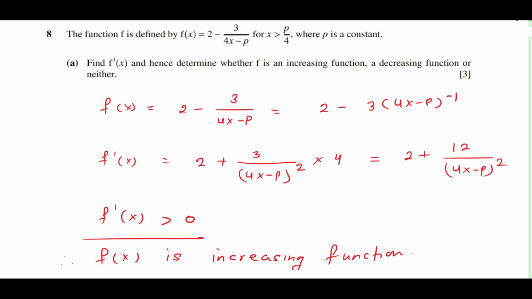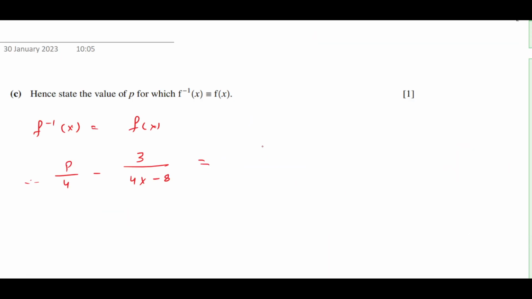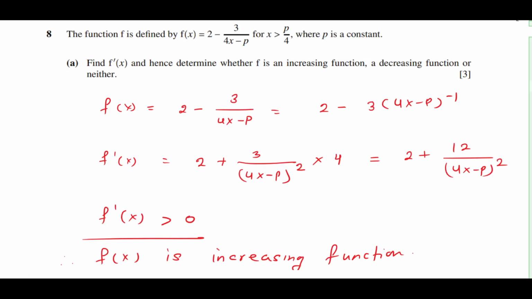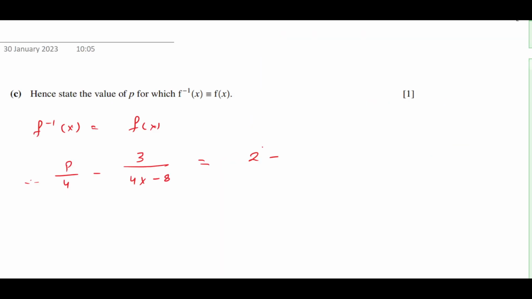And f(x) is 2 minus 3 divided by 4x minus p. If you compare, you will get p divided by 4 equal to 2. So p is equal to 8. By comparing, we get the value of p as 8.